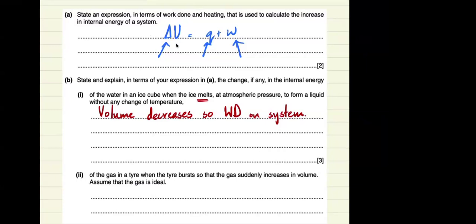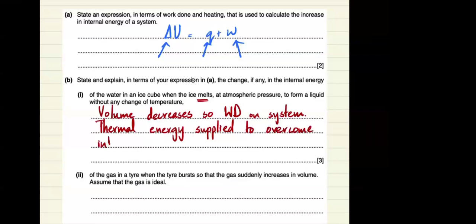Then if we think about Q and W, for delta U, you also know that for melting, you need to supply thermal energy to overcome the intermolecular forces. So thermal energy is supplied to overcome intermolecular forces.